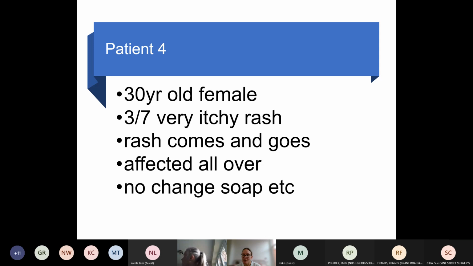What does it look like? Well, yeah, it's a good question. We'll have a look at it, and then you can tell me what you think it looks like. Anything make it worse or better? Not that she's noticed. When does it come and go? For example, is it worse at night? It just comes and goes of its own accord. It doesn't seem to be particularly tied in with anything. Any contact with plants, gardening?